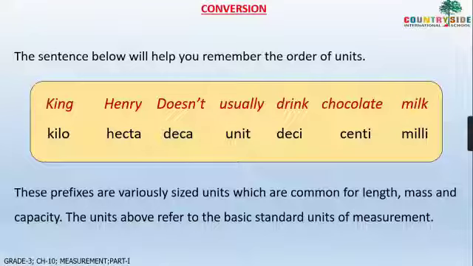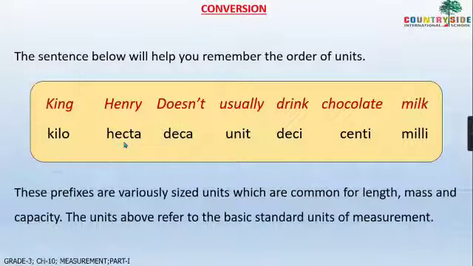K for king, K for kilo. This king resembles the word kilo, because in the staircase also the upper, higher unit was kilo. Then Henry: H for Henry, H for hecto.